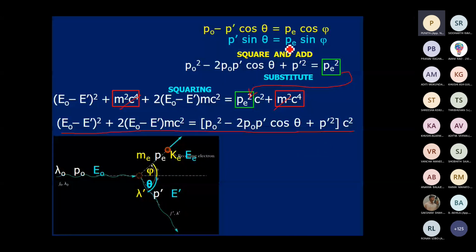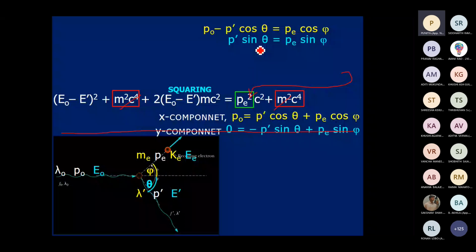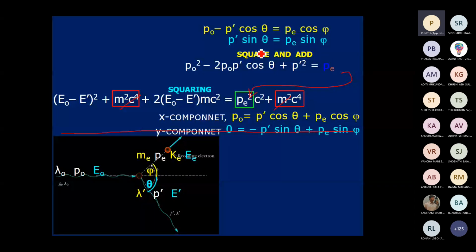See, suppose you take p dash sin square theta plus cos square theta, plus cos square phi plus sin square phi, which is 1.